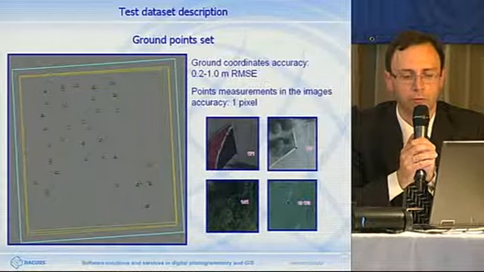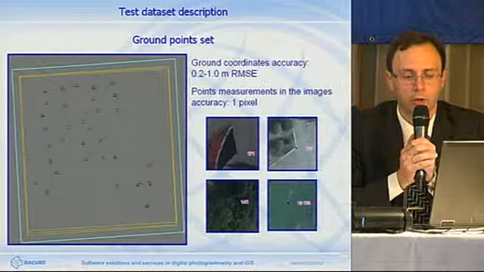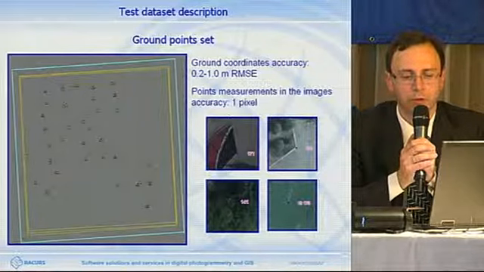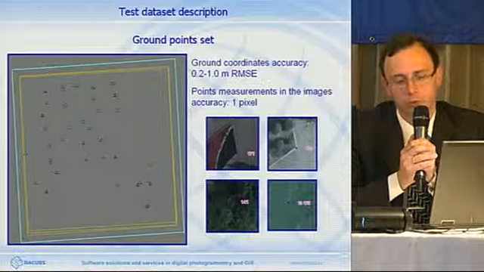On the top, you can see 2 images with well-identifiable points. On the bottom, you can see 2 fragments. These are the points which are very hard to recognize, like the left lower one. Our production committee didn't do any rectification for that, so basically not all points were easy to recognize.